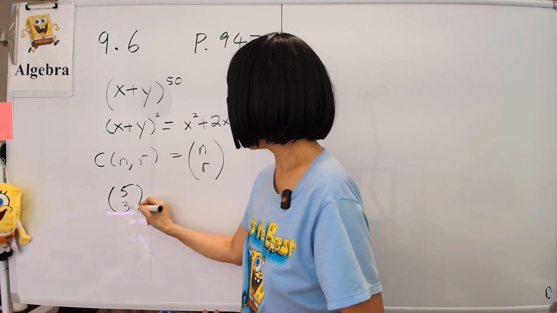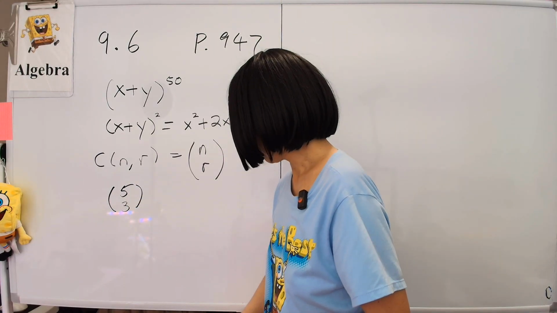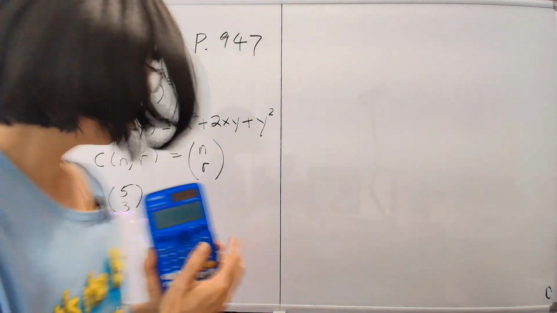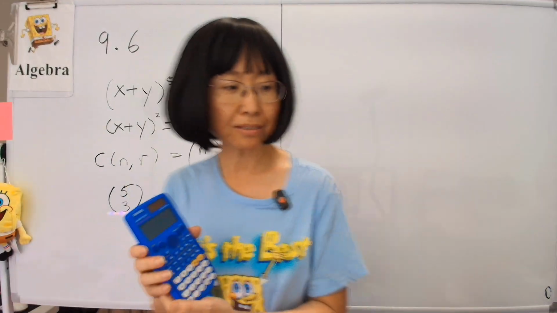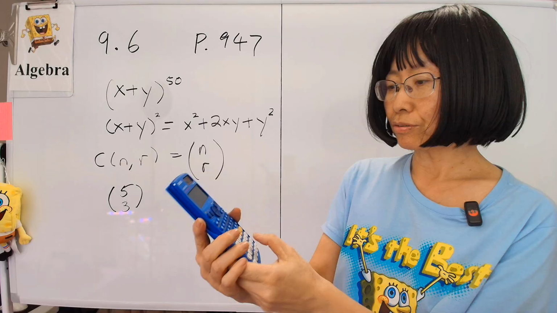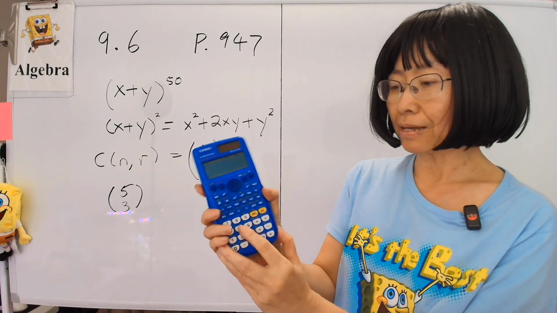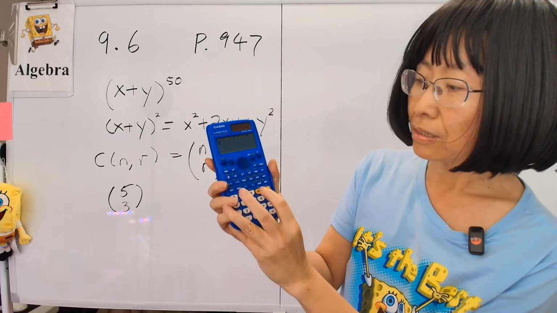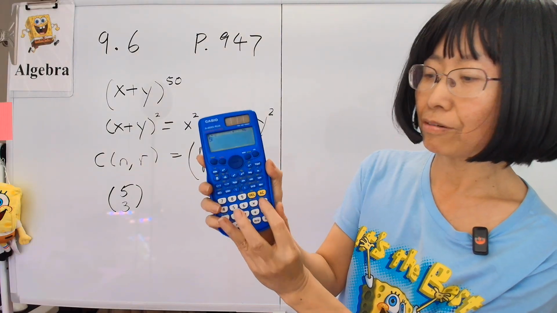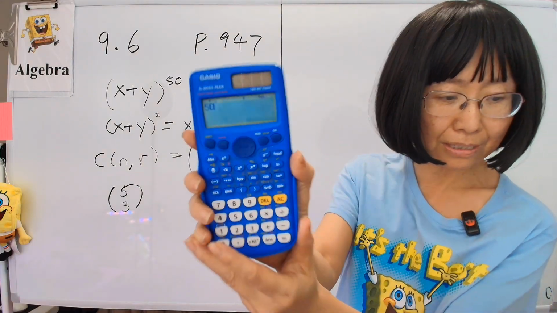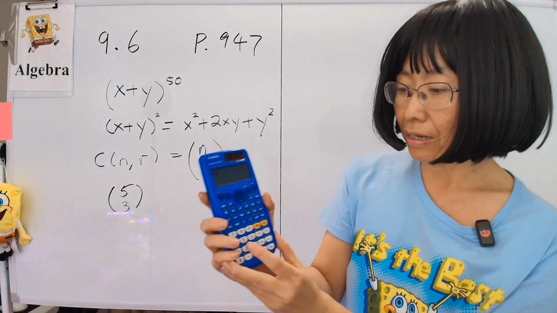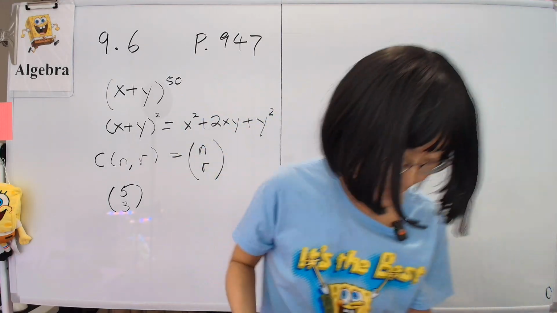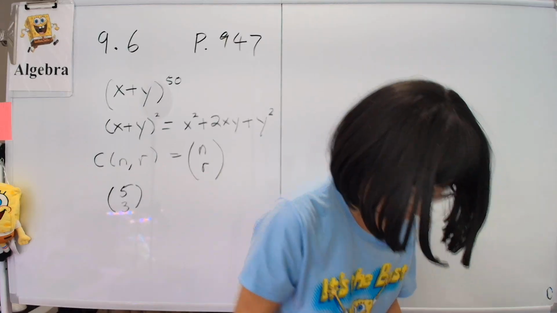We push in 5, then shift, and the C button, which is over my division symbol, then 3. 5 choose 3 should be equal to 10, and that is correct.